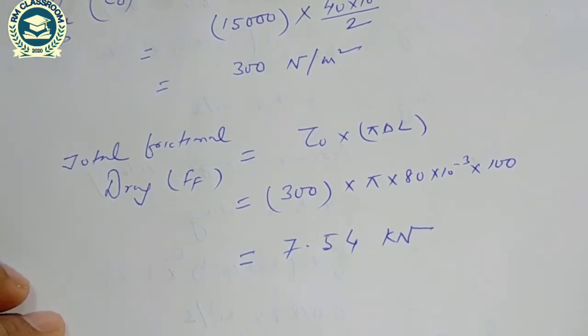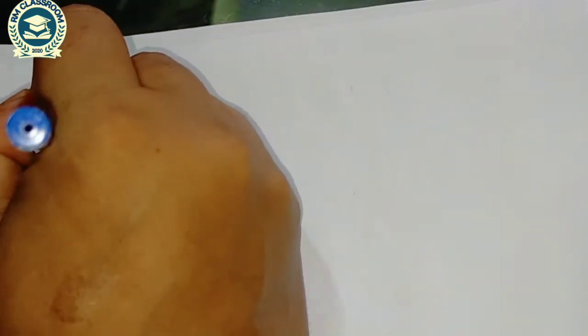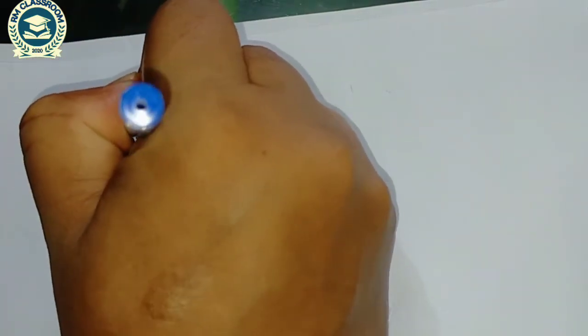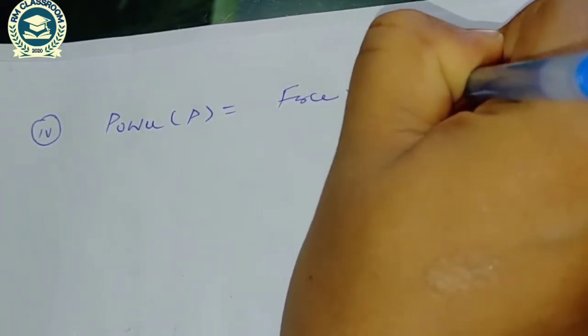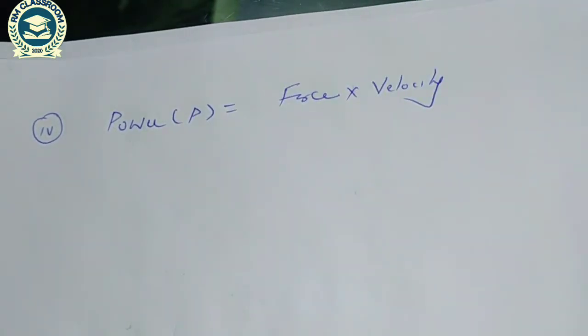In next part we have to compute the power. So power, we know that power required to maintain flow can be written as power is equal to force into velocity, and velocity is average velocity.